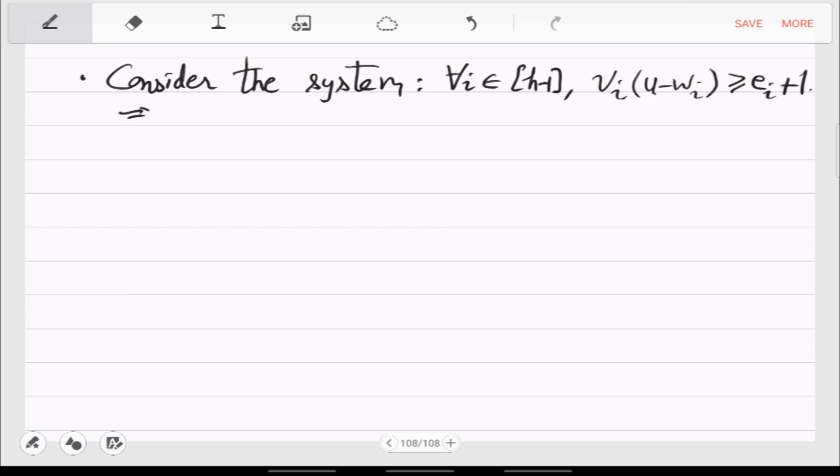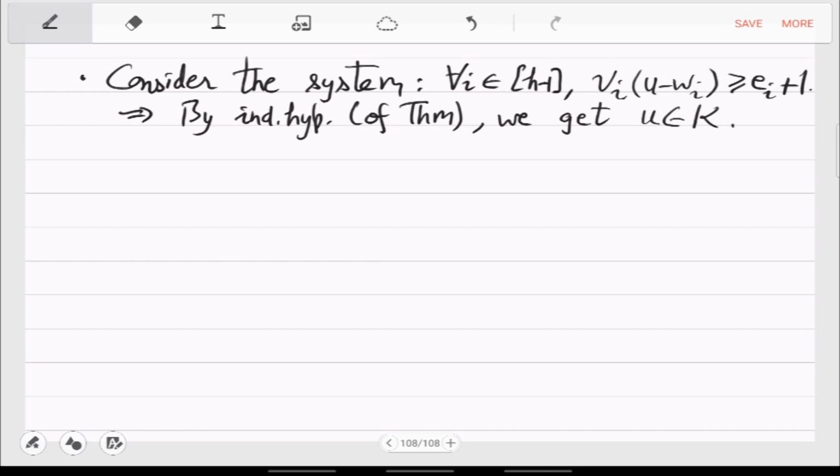So by the induction hypothesis of the theorem, we get u in the function field. Okay, so the induction hypothesis of the theorem will give you a u such that the valuation of the difference of u and Wi is at least Ei plus 1. Right, that's the theorem statement.